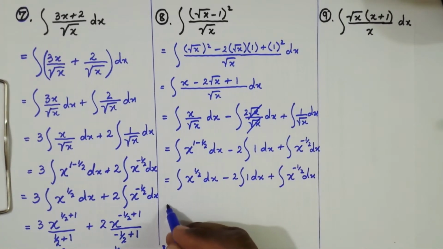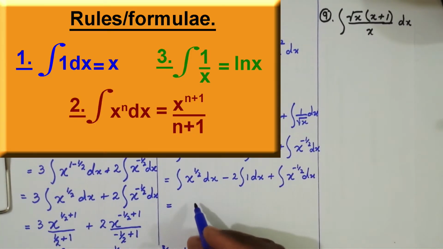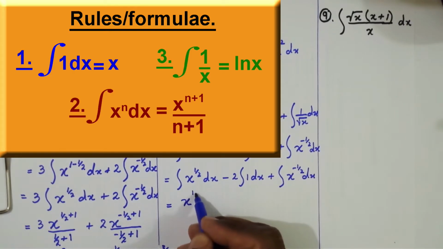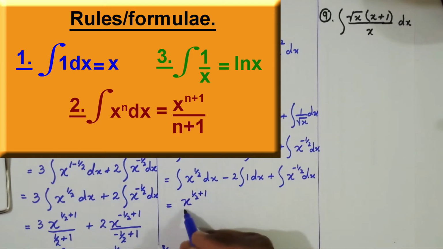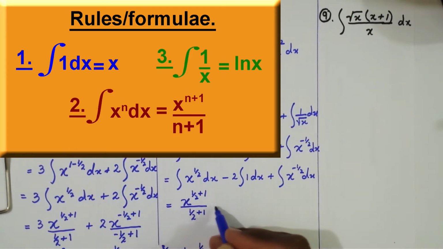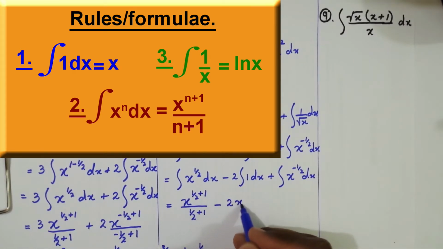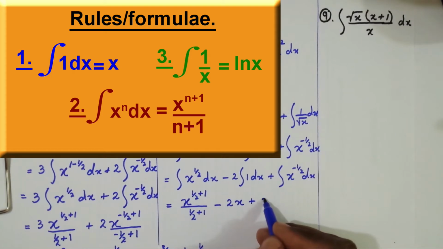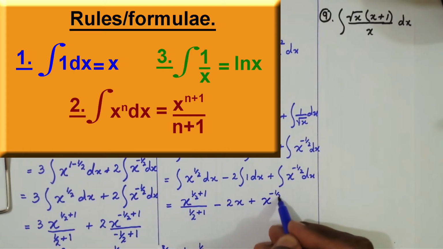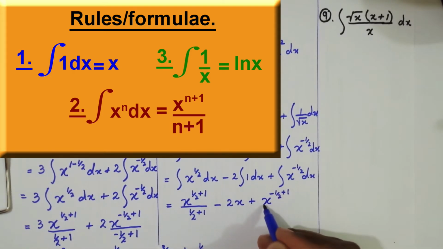Now from this step, we are going to take integration of each term. According to the rule, you are going to add 1 to the power and write it in its denominator. Integration of 1 is x. Same here, you will apply the rule by adding 1 to the given power and write it in its denominator.